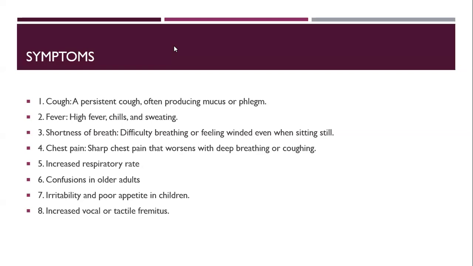So there's decreased tactile vocal fremitus in pneumothorax because the sound is not traveling well in air. But here in pneumonia, you have exudate, you have fluid in your alveoli, a dense area. So now sound can travel well to your back. Hence, we have an increased vocal tactile fremitus. Okay, it's as simple as that.